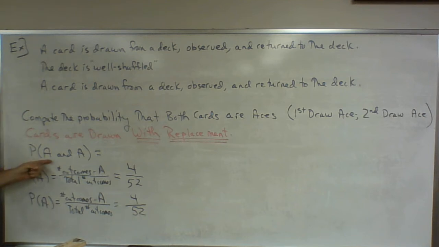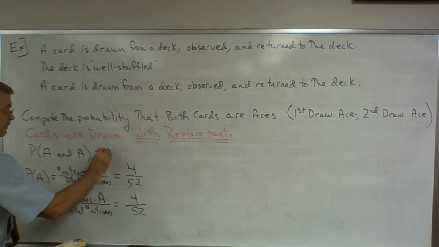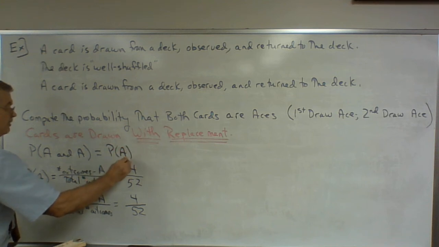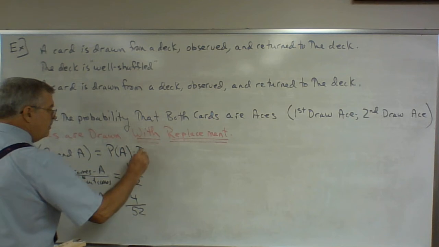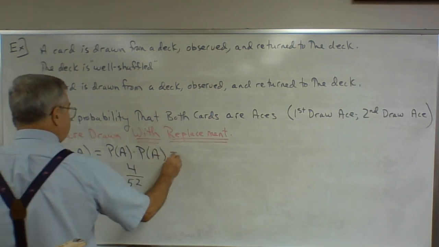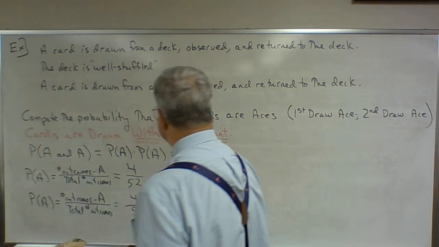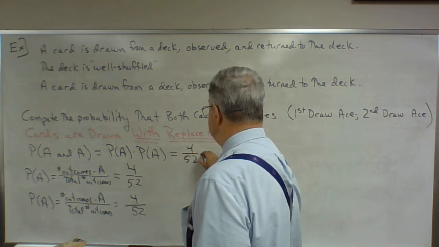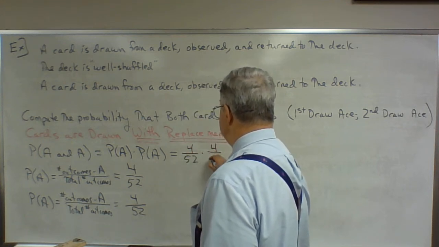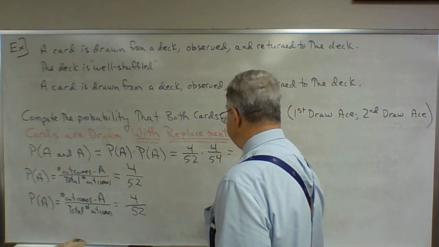The probability of an ace being drawn on the first card in the first stage and an ace being drawn in the second stage, that's the probability of an ace in the first stage times the probability of an ace in the second stage, and that's 4 over 52 times 4 over 52. Good grief.